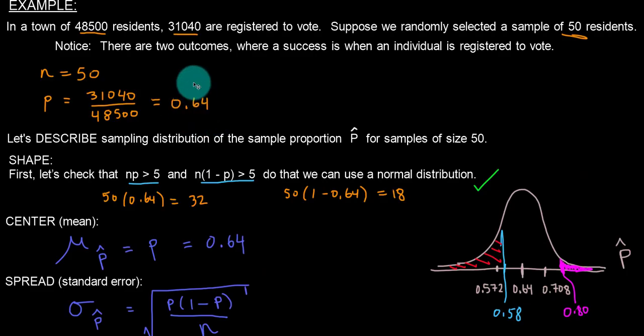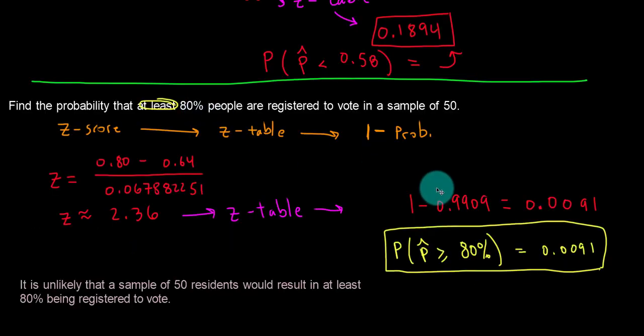Supposedly, the population proportion was only 64% of residents were registered to vote. So that's why it would appear so unlikely to get a sample with over 80% registered, because there's only apparently 64% of the population that's registered.